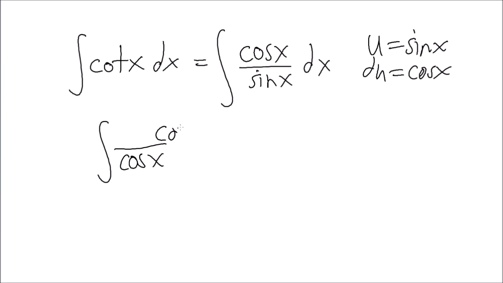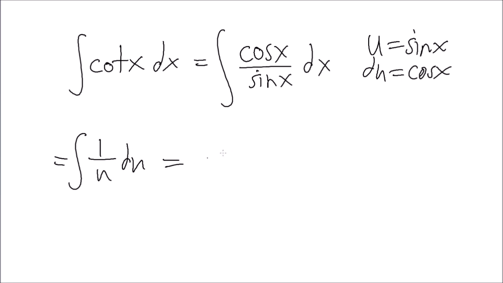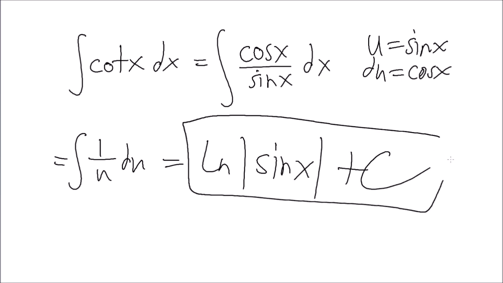Cosine x has to be on top. But other than that, you have 1 over u du. This is just ln of sine of x plus c. This is the integral of cotangent. Very helpful to get this memorized by heart.